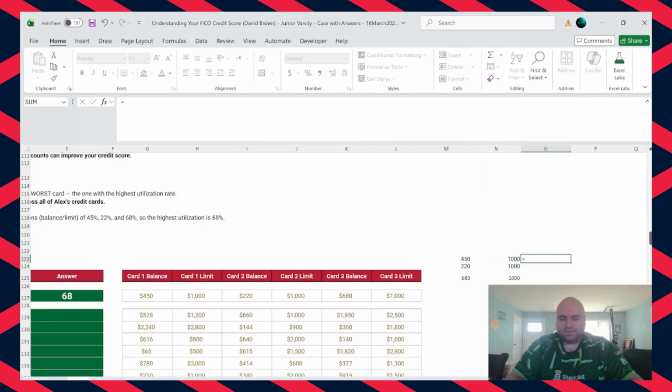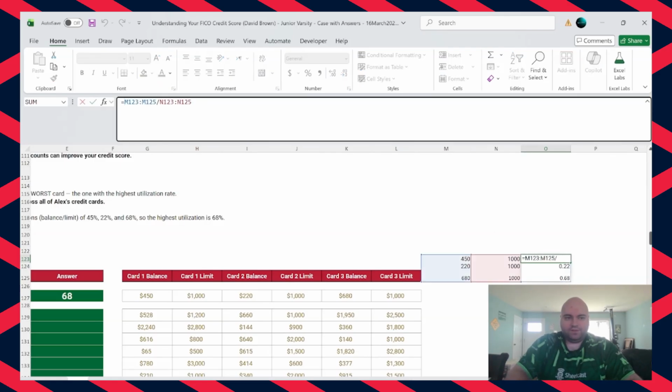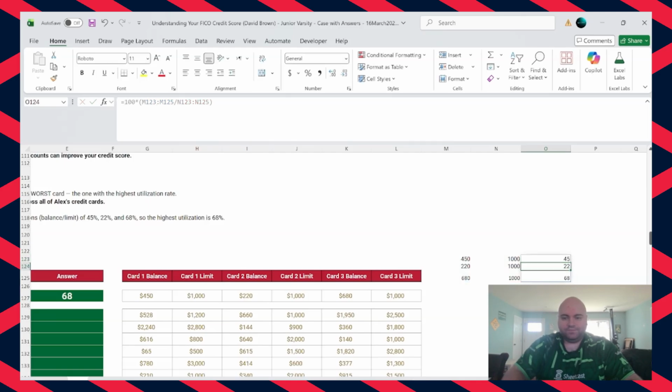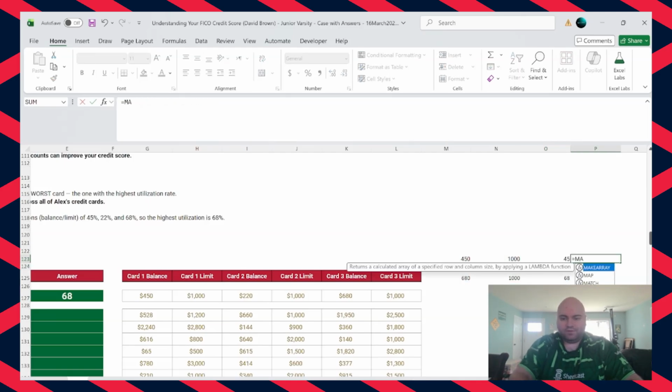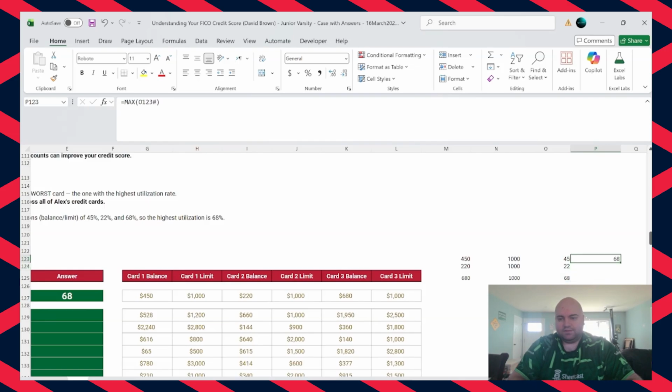And if I can do this divided by this, it returns all of the utilization rates for them. And of course, we do have to multiply them by 100, but we can just do 100 times and put that in parentheses, and then return the max of this.